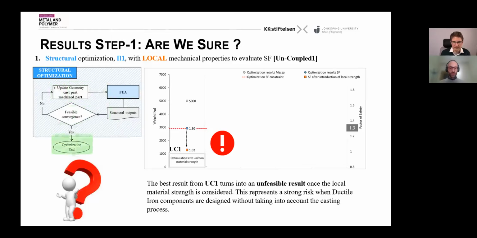But this is quite interesting, because typically when you do optimization of parts, you assume that you have homogeneous material behavior, and then you do some kind of topology optimization or structural optimization. You think that you are being conservative by assuming homogeneous behavior, while in reality you may be tricking yourself here. That's true. Yeah.